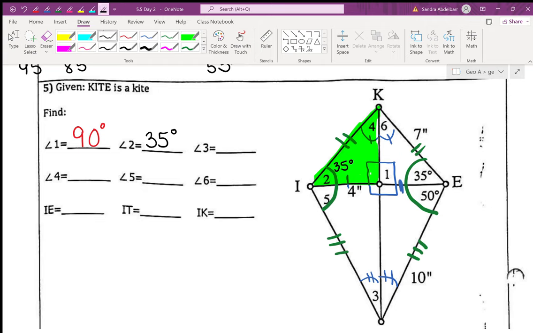So 90 plus 35 is 125, and then 180 minus 125 gives us 55 for angle 4. Well, if angle 4 is 55, which other angle has to be 55? Angle 6, you got it.